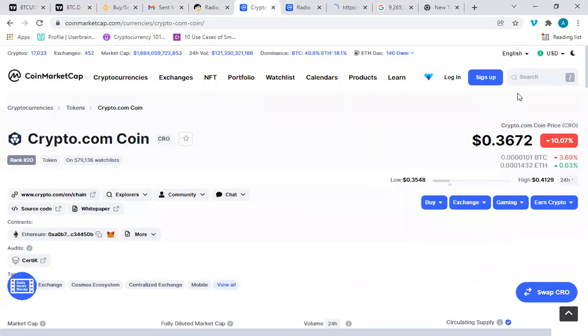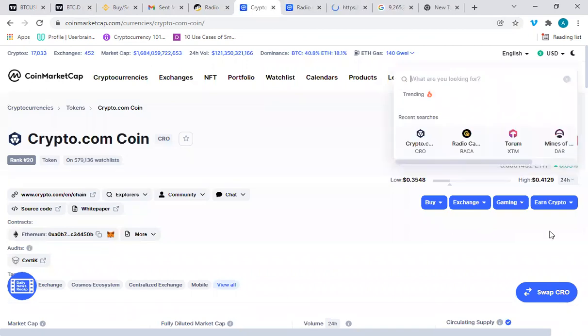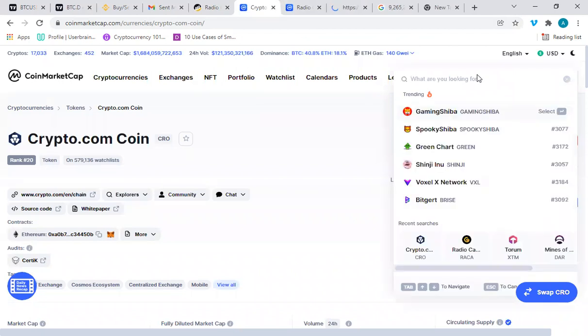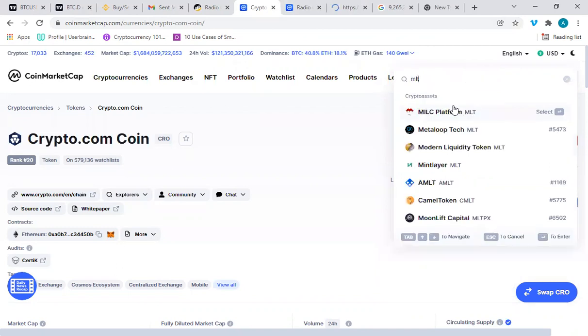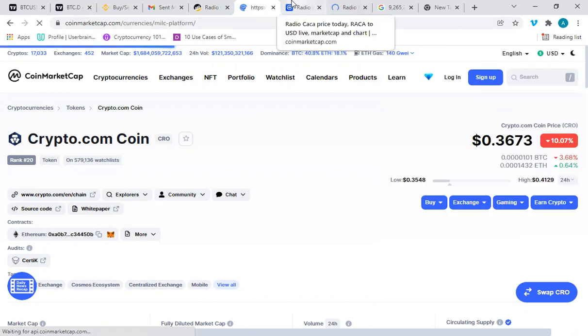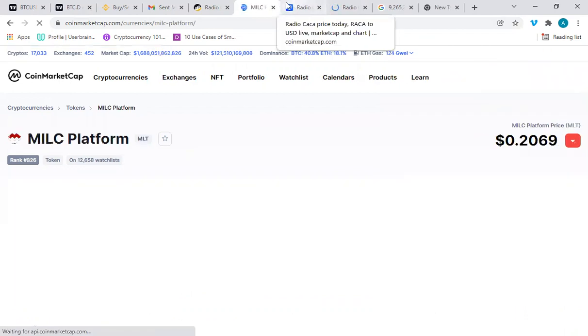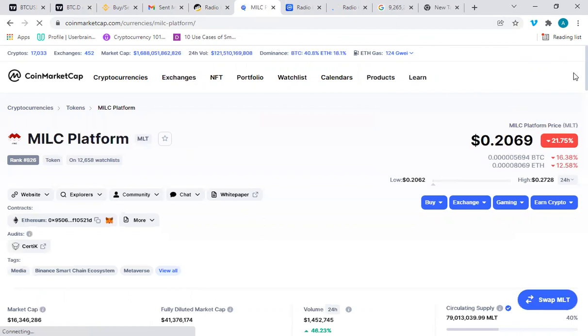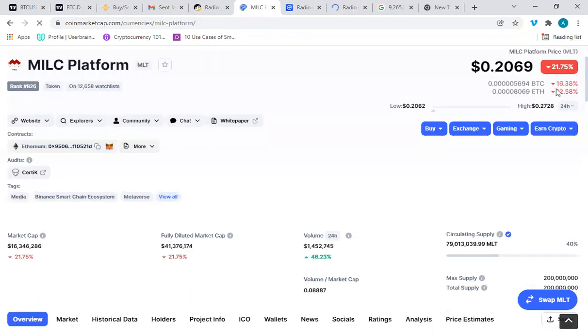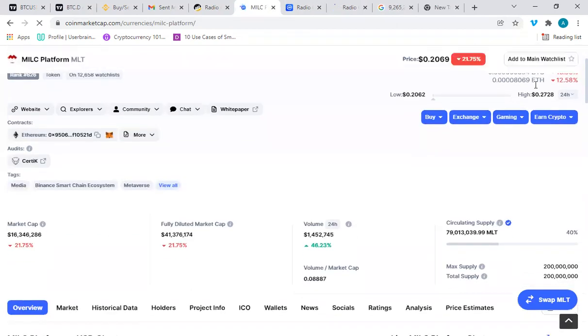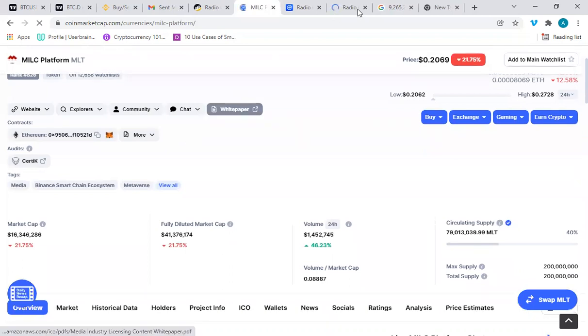Let me check for MLT2. So the team always determine, we check their reputation, we check everything. So when you go to search on the coin, always click on the white paper. It will tell you about the coin.